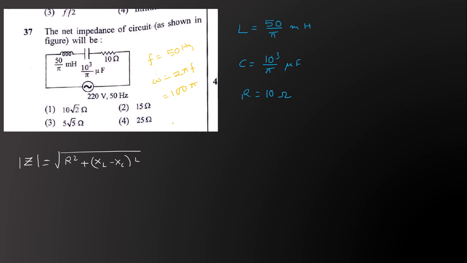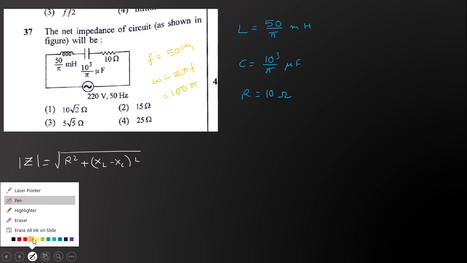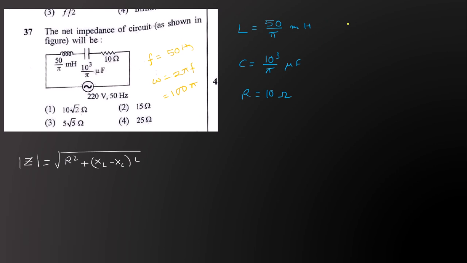Let's calculate XL. So XL will be equal to L omega, or omega L. It is equal to 50 by pi into 10 power minus 3 multiplied by 100 pi. So this pi will be cancelled, and then 5000 multiplied by 10 power minus 3, so this will be equal to 5 ohm.